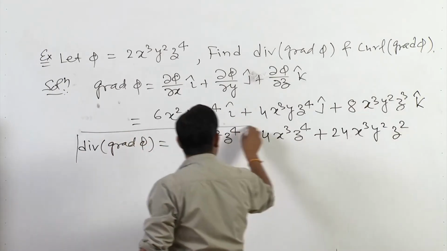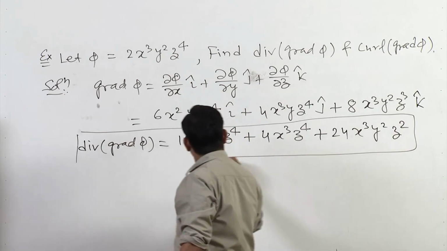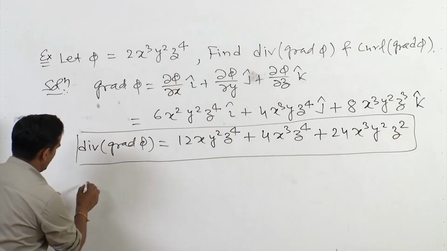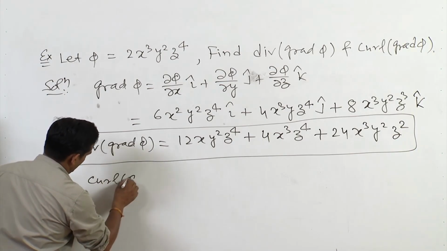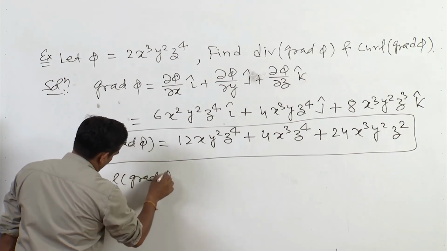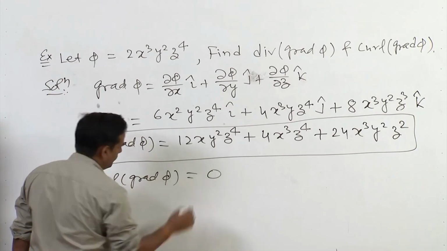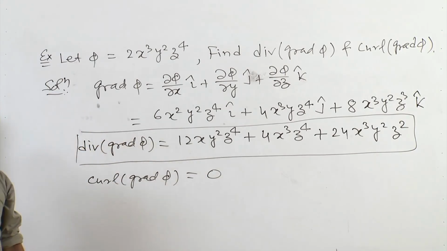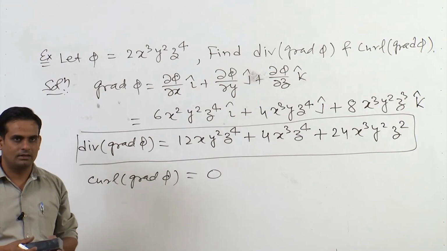So, this will be the divergence of grad phi. Now, we will find out the curl of grad phi and this comes out to be 0. Why is it 0? That we will discuss in the coming lecture.